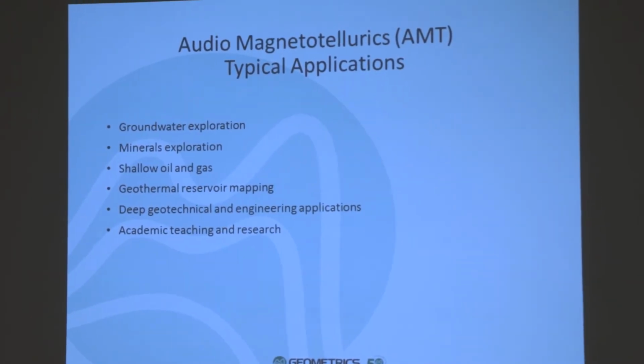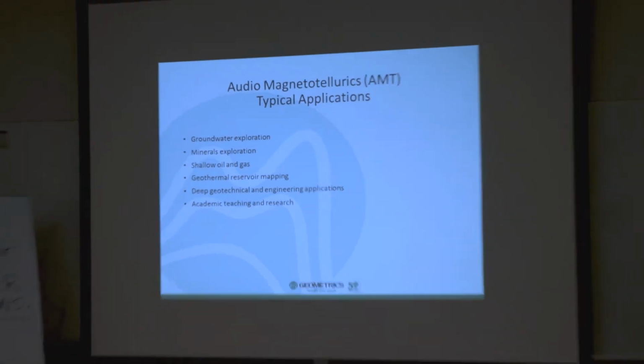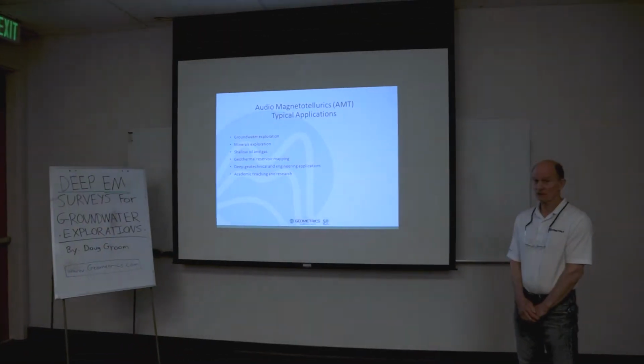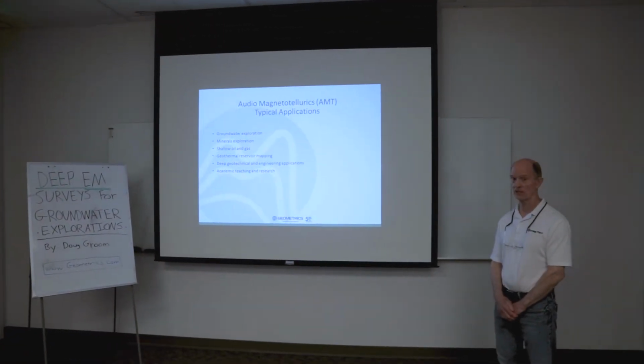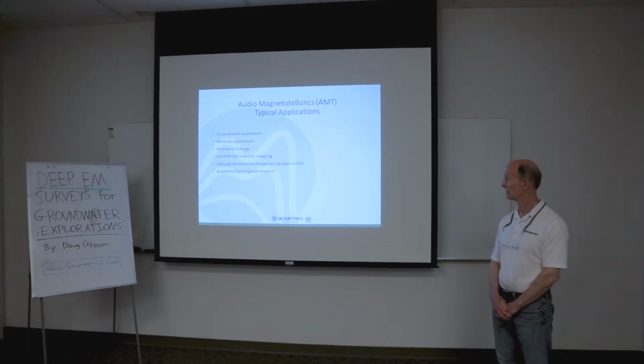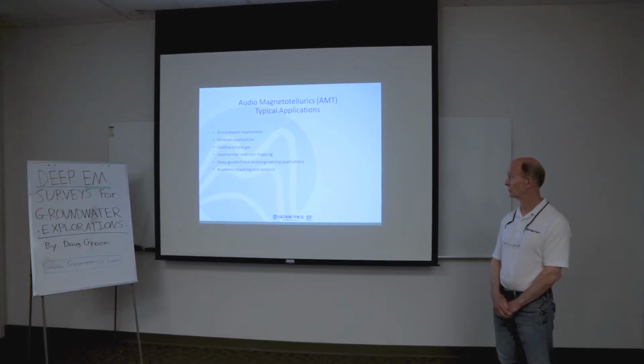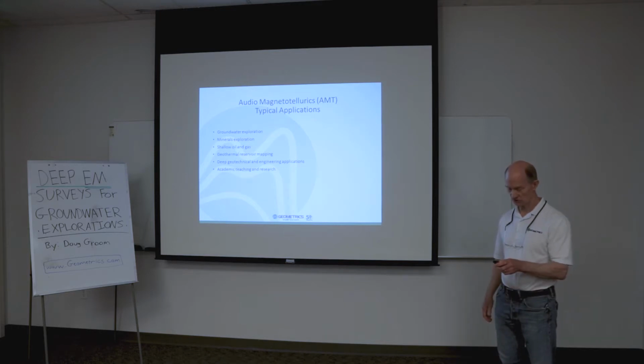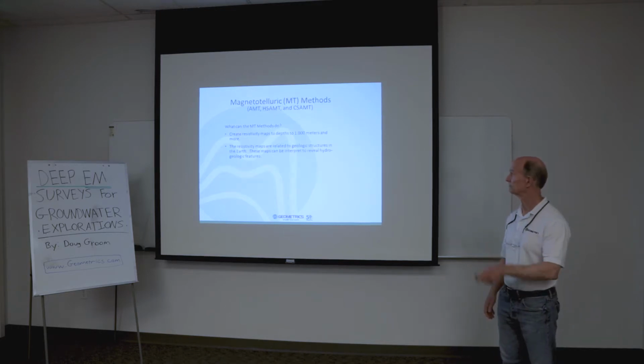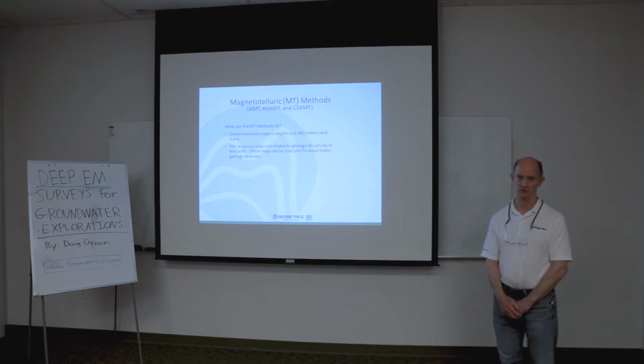Now, the audio magnetotelluric method, AMT, is typically used for groundwater exploration, minerals exploration, shallow oil and gas, geothermal reservoir mapping, deep geotechnical and engineering applications, and academic research and teaching. So, what do these methods do?